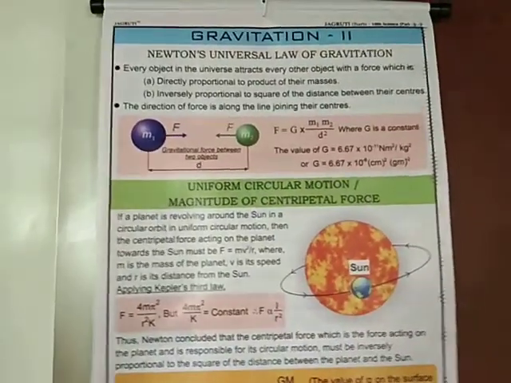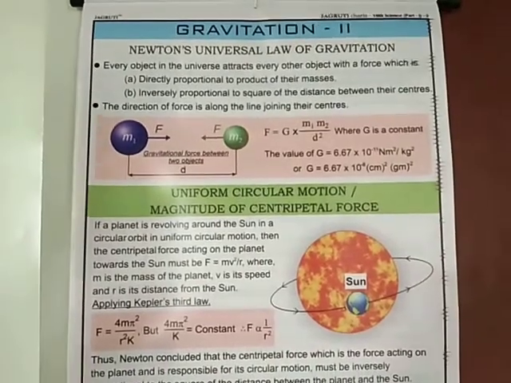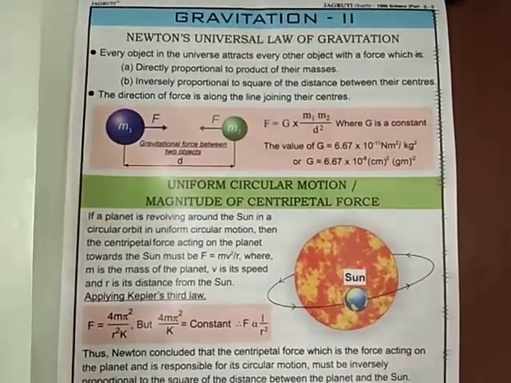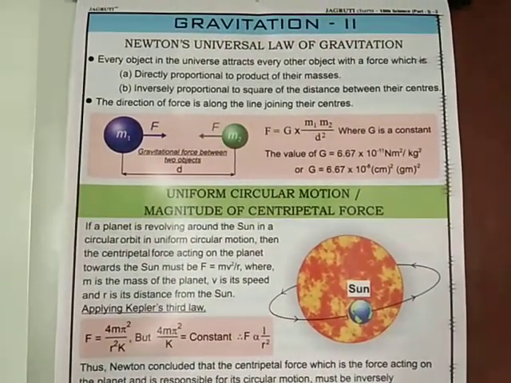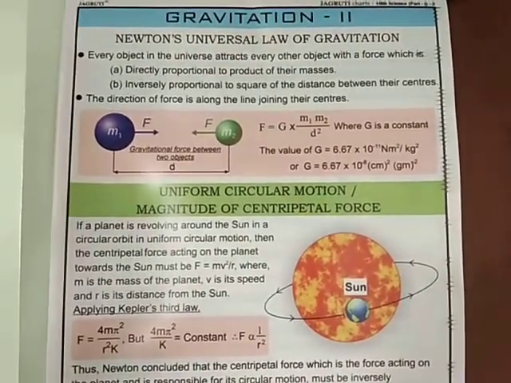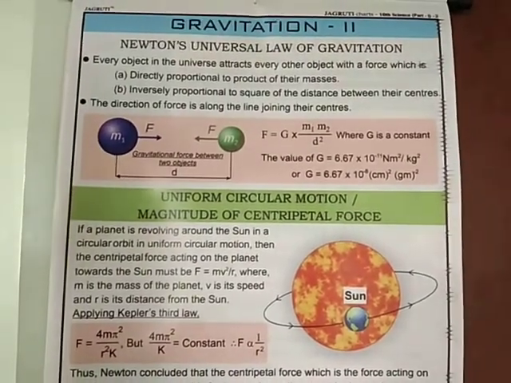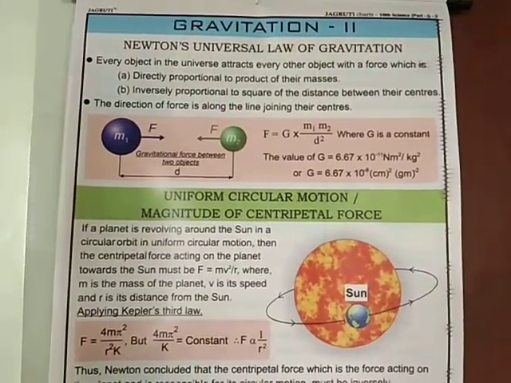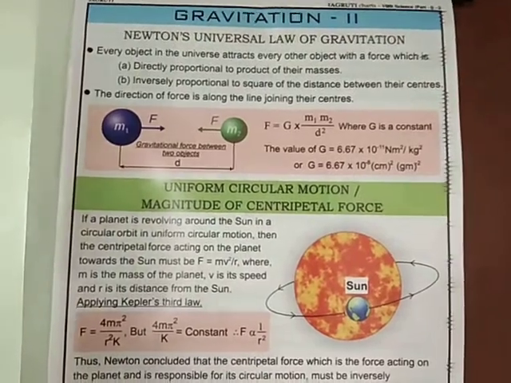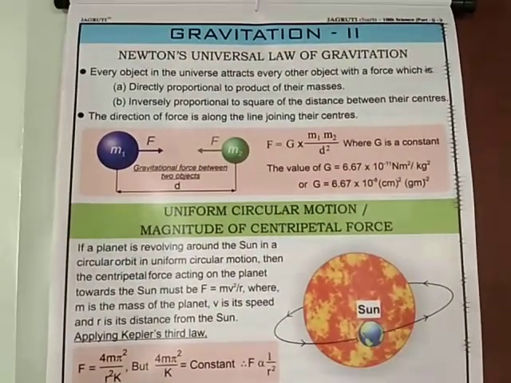Okay, now continuing with Newton's universal law of gravitation. Every object in the universe attracts every other object with a force which is directly proportional to the product of their masses and inversely proportional to the square of the distance between their centers. The direction of the force is along the line joining their centers.